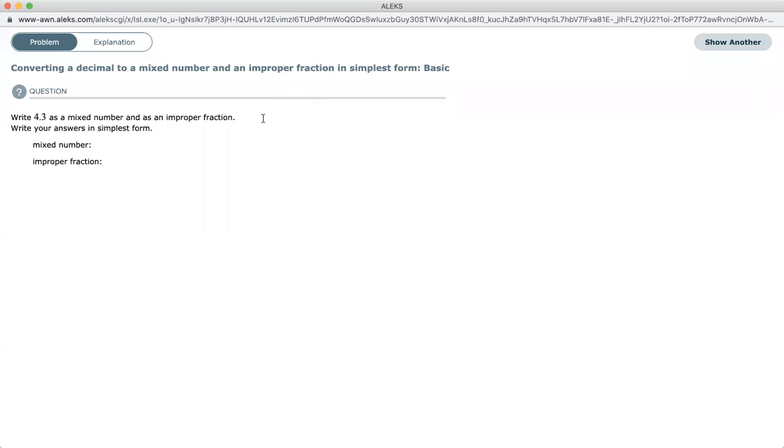So the first thing you want to recall is what makes up a mixed number. A mixed number is a combination of a whole number, a proper fraction.